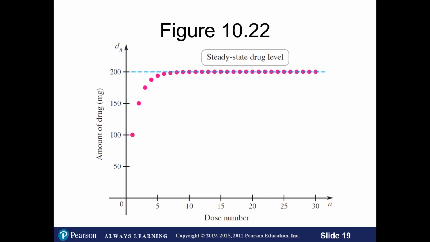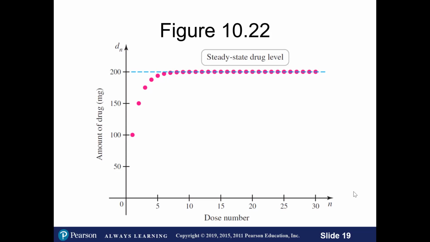Now, we have evidence the terms of the sequence are increasing. It looks like they're bounded above by 200, but we need to prove both of these facts, and so we're going to do that here.